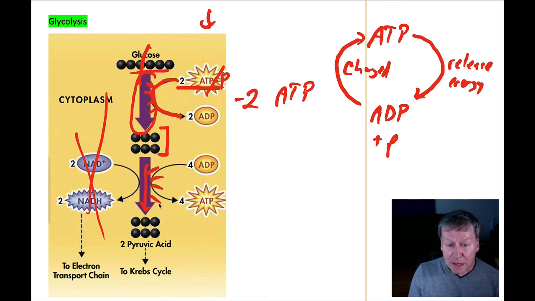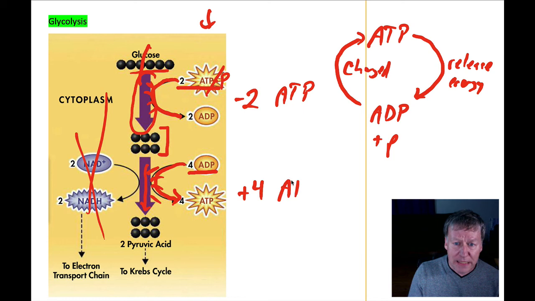And enough energy is being released that we can take 4 ADP molecules that are floating around and they can be charged up into 4 ATP molecules. So we can gain 4 ATP molecules. So we had to spend some ATP to break the glucose, but then the next reaction releases energy so we can form ATP.